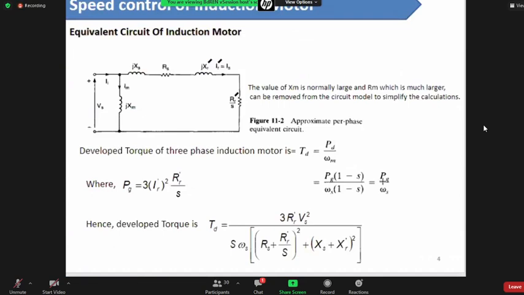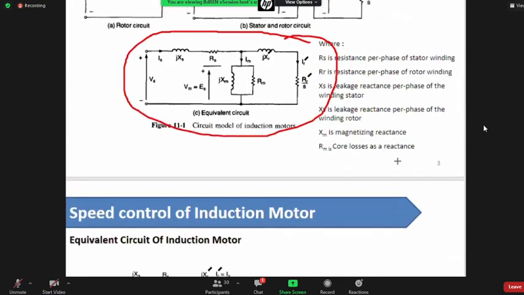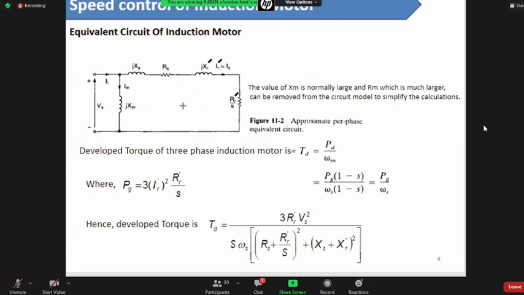Here you have stator resistance, stator reactance, rotor resistance and rotor reactance taken to the primary side, and these two elements: magnetizing reactance and the resistance representing core losses. But because that resistance is quite large, we take it as an open circuit. If you think of this connection as open, you are left with this type of equivalent circuit, with Xm, Xs, Rs and all these. So this is your ultimate equivalent circuit for an induction motor.